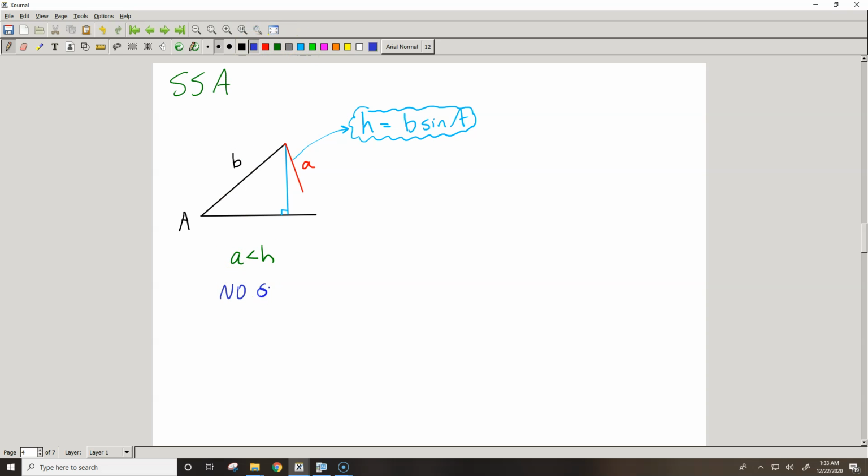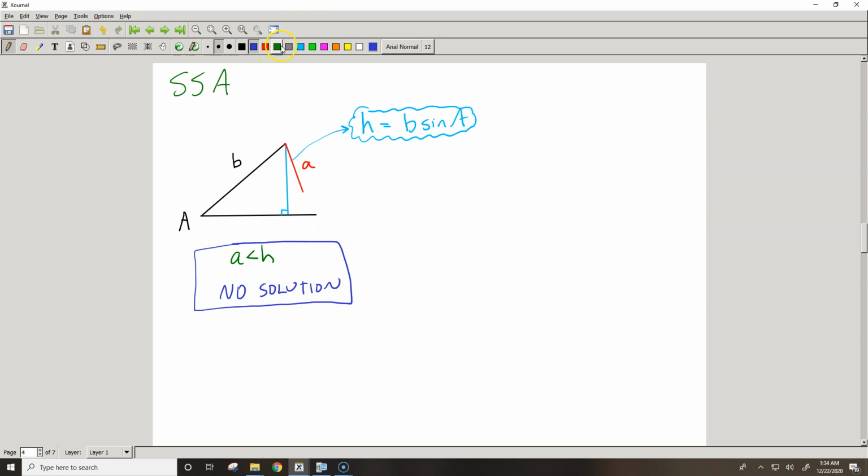So this is no solution there. And I'm going to box this in. Whenever we have this side length that simply doesn't reach or is too small to even make a triangle, we're going to have no solution.